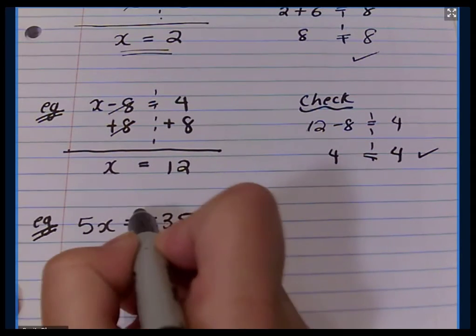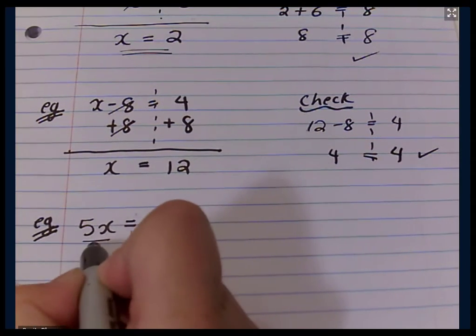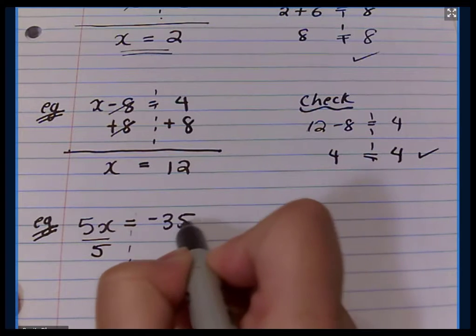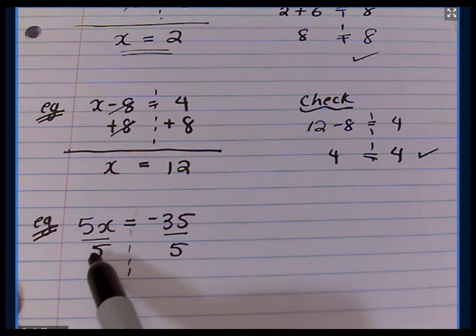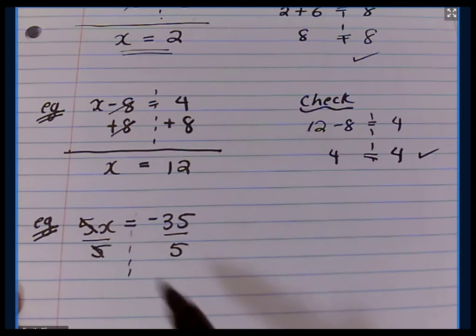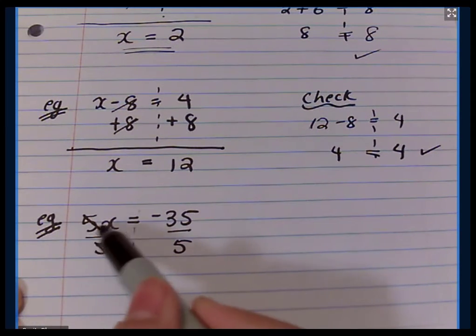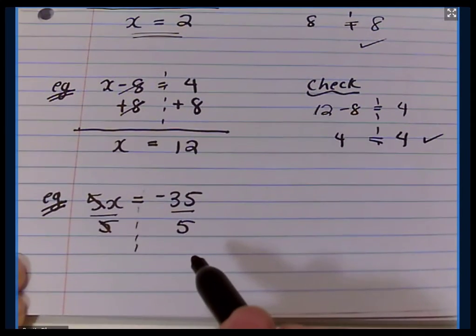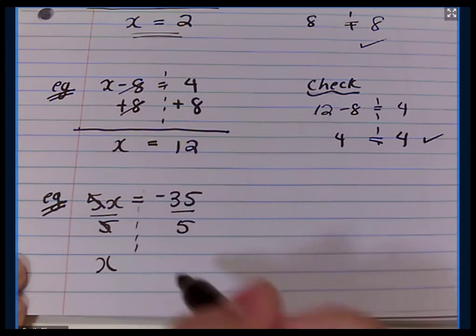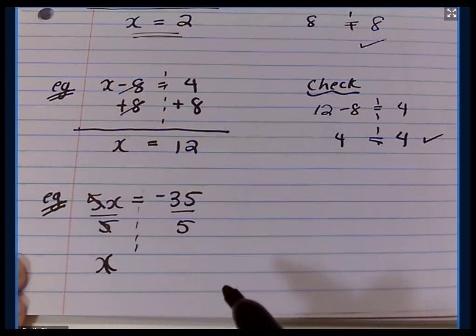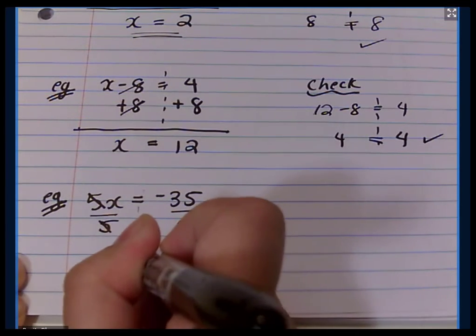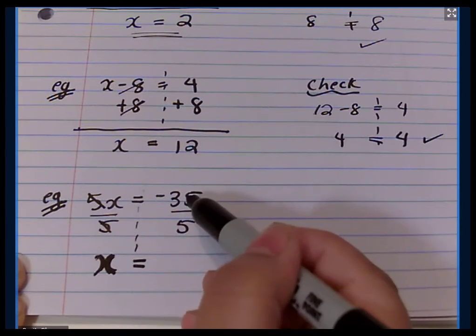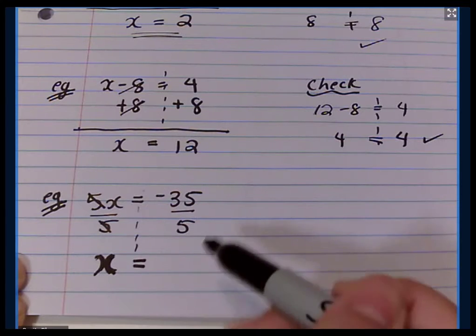So we have to divide both sides by 5 to isolate our x. 5 divided by 5 is 1. So we're left with 1x, but we don't have to write the 1 because we know there is 1x. So we can just write x like this. And then negative 35 divided by 5 is negative 7.